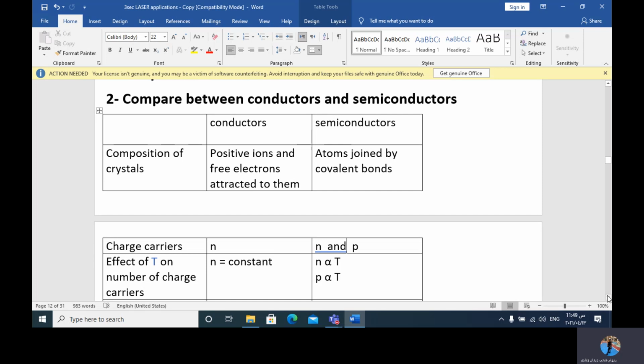This is the structure of the crystal of any conductor. In semiconductors, atoms are joined by covalent bonds. Thus, a different structure. Conductors have positive ions and free electrons swimming around, but semiconductors have atoms joined by covalent bonds. And this different structure will have different properties.